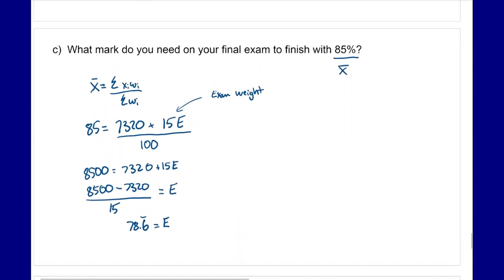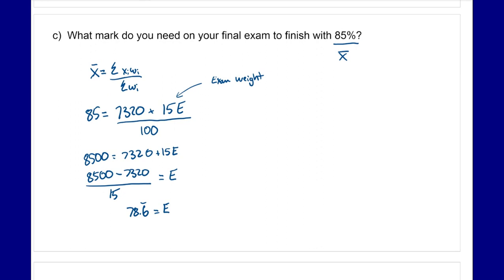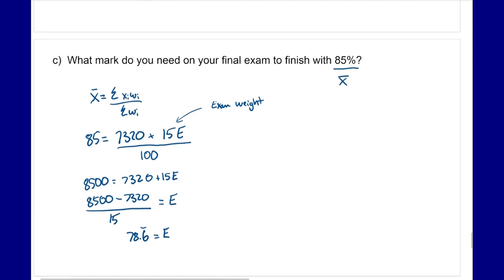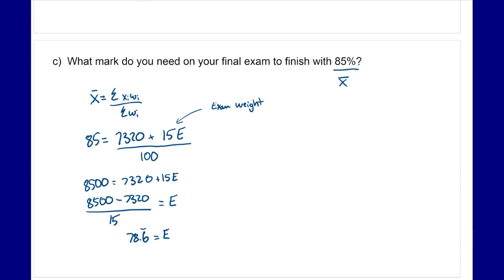So if we get a 78.6, we will end up with an 85. This is something you can do when trying to figure out what you need on the final exam, because you should have most of your marks in. If not, you know which ones you can exclude, or you can make assumptions on how you think you did.